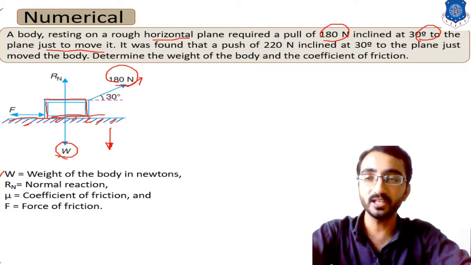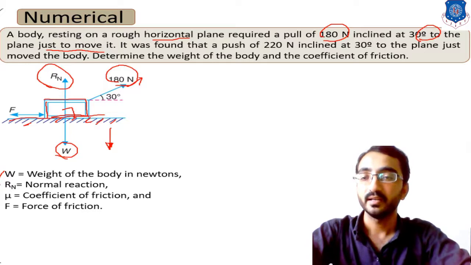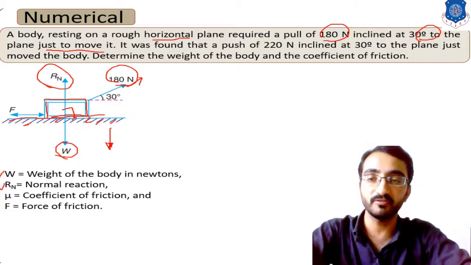Now due to the weight of the body there will be a normal reaction force, and this normal reaction force will always be perpendicular to the surface of contact. Over here the surface of contact is horizontal, that's why the component is vertical. Then the third component, let's consider mu, the coefficient of friction.